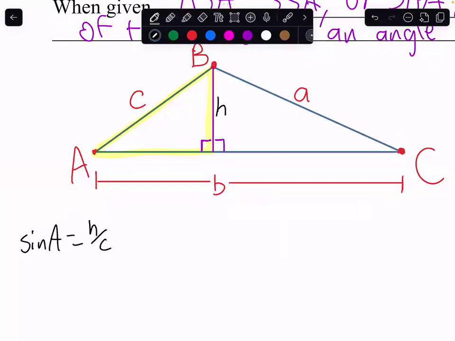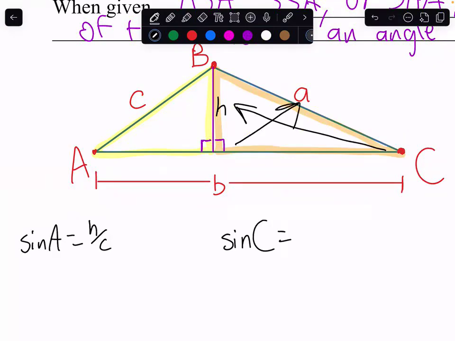We'll come back to that, but focusing on the other right triangle, we can also now do sine of capital C. Again, opposite over hypotenuse.